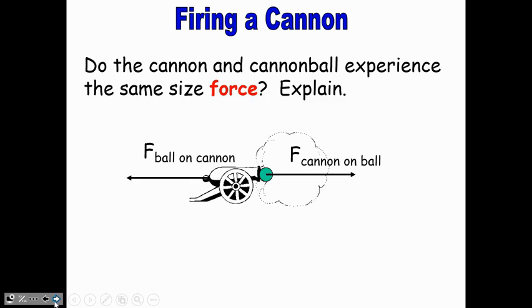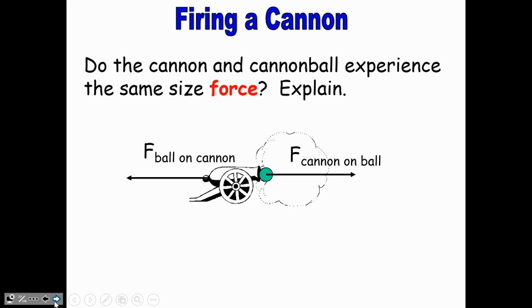Well, we know from Newton's third law that these forces are the same size, but how can that be? Because the cannonball gets fired across the battlefield, while the cannon may only recoil a little distance, comparatively. So why is that? Well, we can explain it with equal forces, given that the two objects have very different masses.